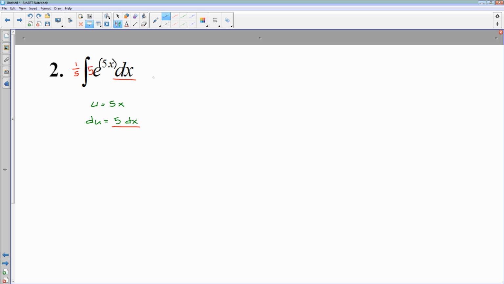And now I'm ready to do my substitution. The 1/5 on the outside comes along for the ride. The 5 dx becomes my du. And then I have e to the 5x, but 5x is what we called u. So instead of e to the 5x, I'm going to say e to the u, and I'll do the antiderivative of that.